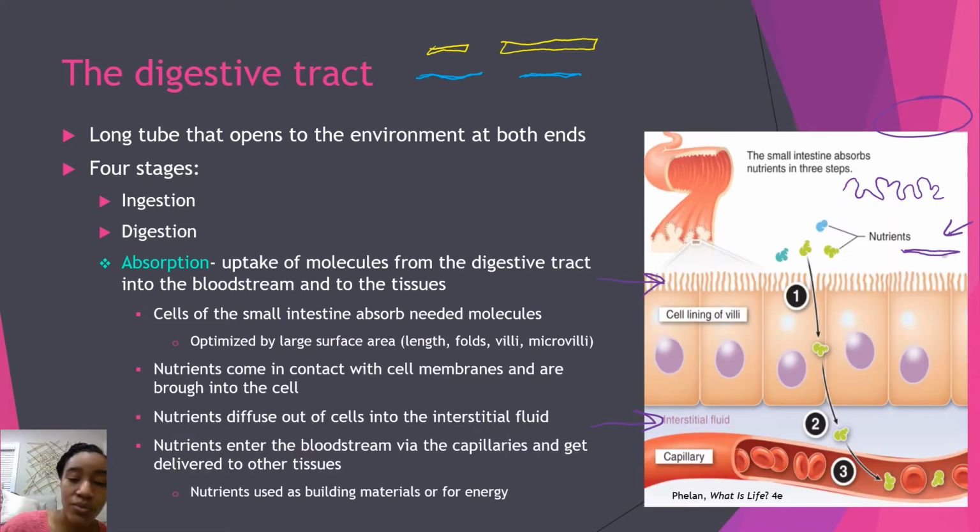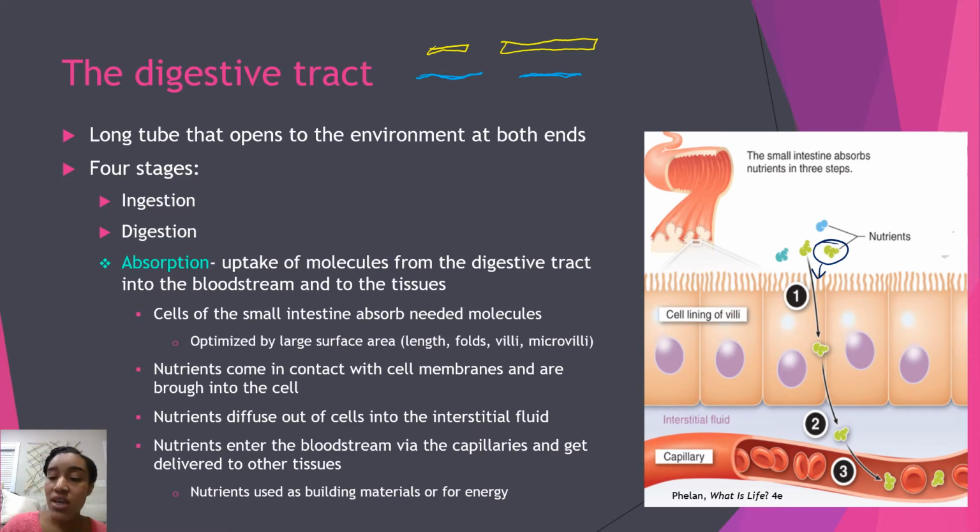And so what happens is, chyme travels down the small intestine, and then once the macromolecules have been broken down into their constituents, those nutrients then interact directly with the cell. And once they interact with the cell, it will bring them in.